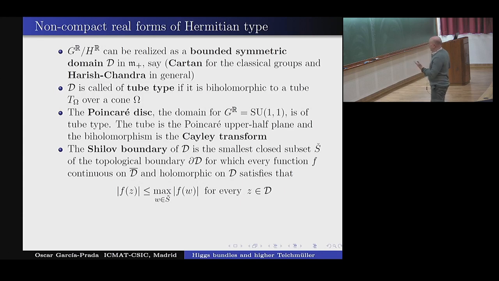For the case of the Poincare disk it coincides with the whole boundary. But in general, it's just a subspace, and it's characterized by the fact that every continuous function on the closure which is holomorphic on the bounded domain actually attains its maximum on the Shilov boundary. That's what characterizes the Shilov boundary.